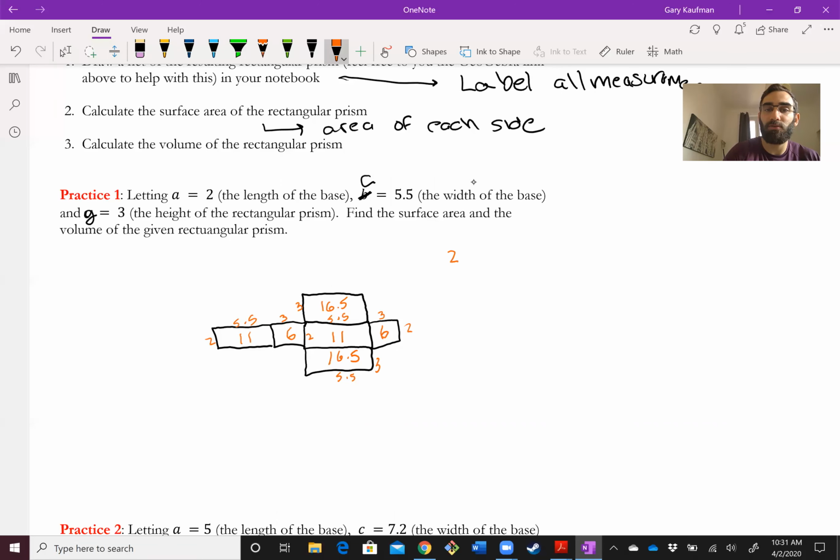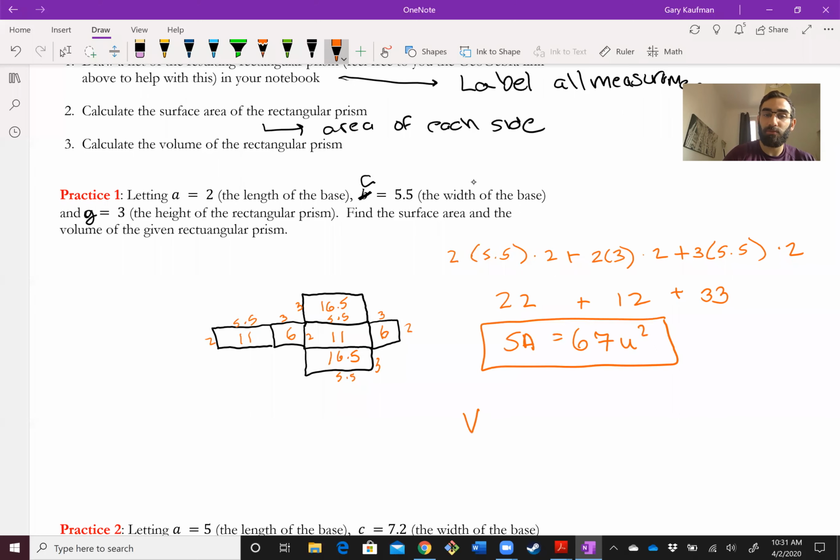It ends up being 2 times 5.5, a 2 times 3, and a 3 times 5.5, but there's 2 of each of them, times 2, times 2, times 2. We add them all up together. So all of a sudden, this is a 22 plus a 12 plus a 33, 67 units squared is my surface area.